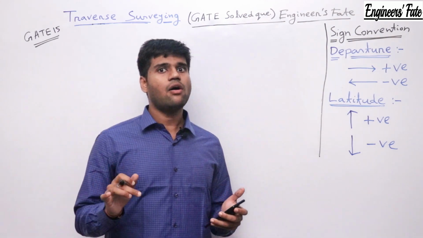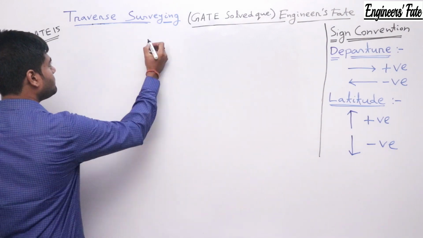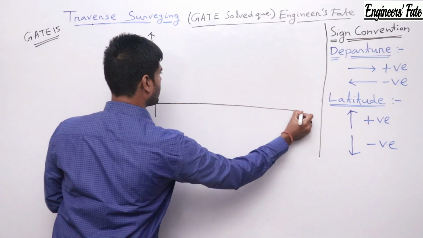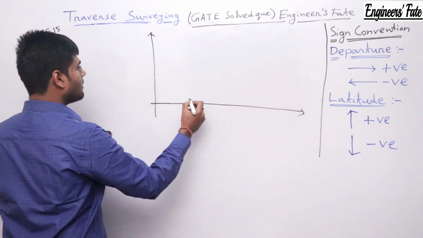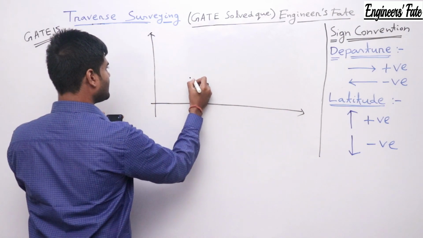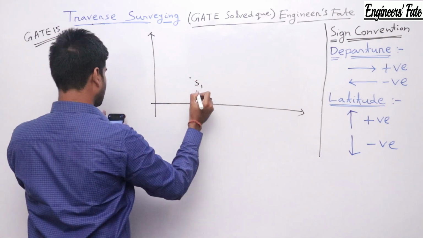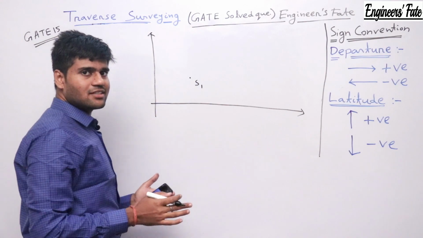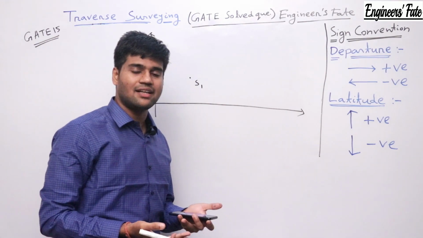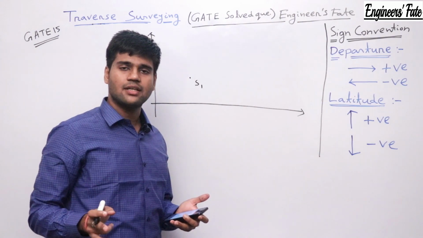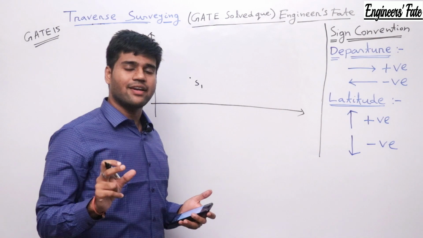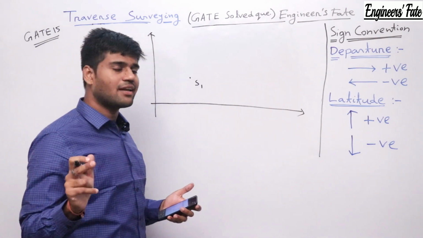So see how I am going to draw the diagram. Without drawing the diagram, you cannot find the answers of this kind of questions. So this is S1. In the question, he has given easting first, then northing, but we have to represent north first, then east, because we have to denote our coordinates like latitude, comma departure.